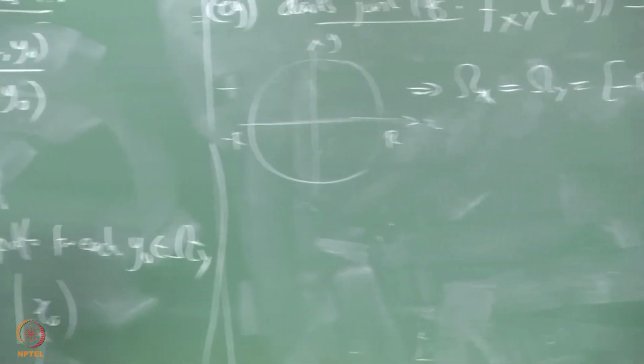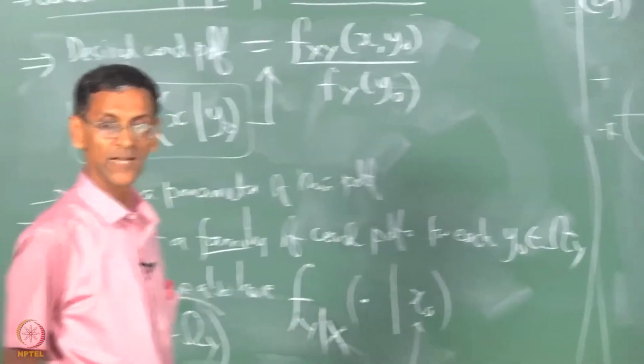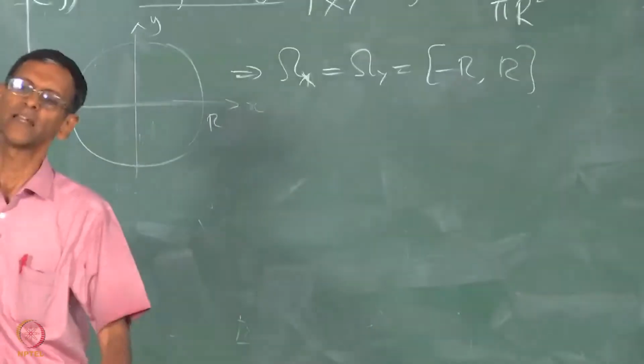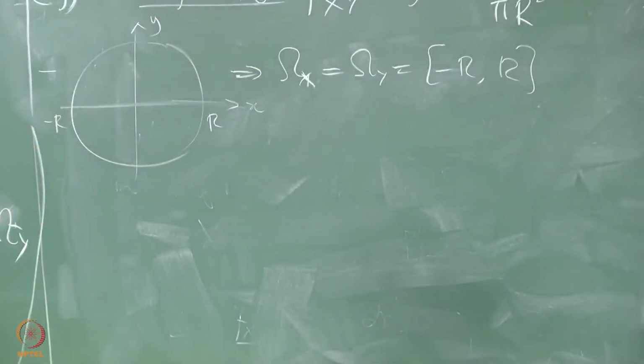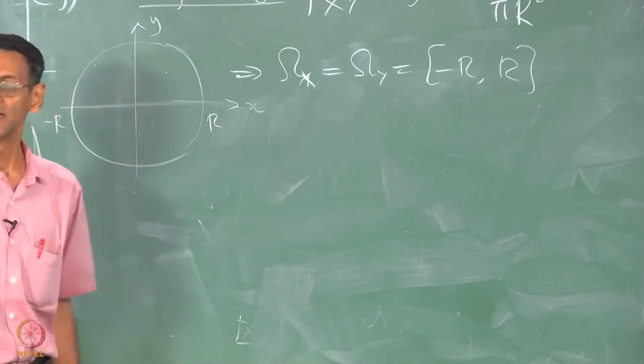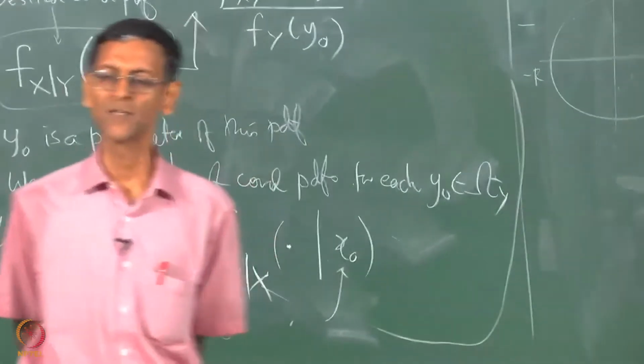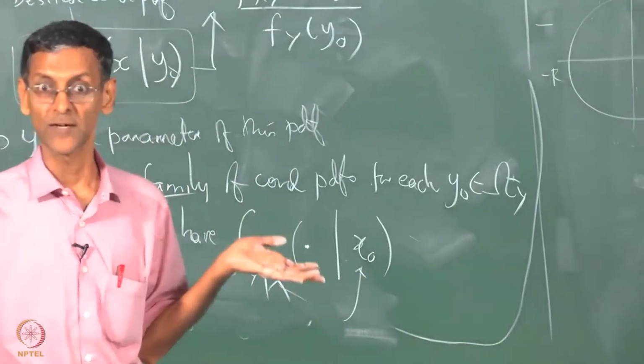So for conditioning I can pick any value in this set. That means that the x coordinate or y coordinate took that value, that is all, right. So the dart landed somewhere there, its x coordinate was whatever, what can I say about the distribution of the y coordinate? That is what we are trying to find.